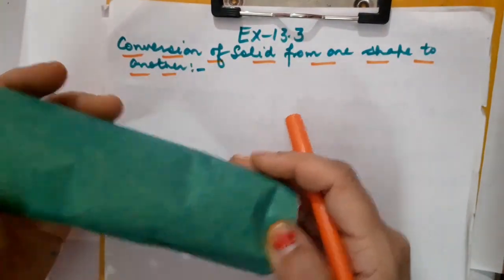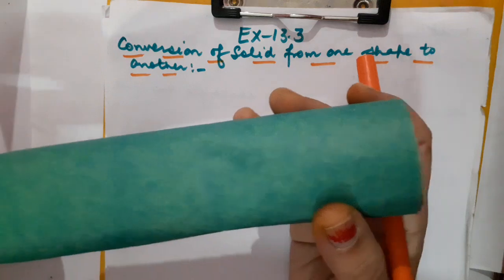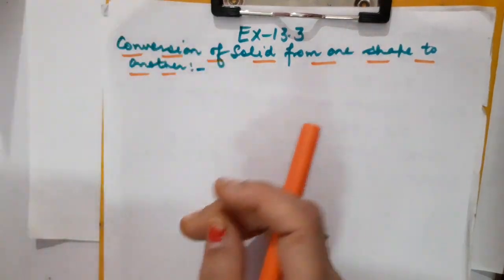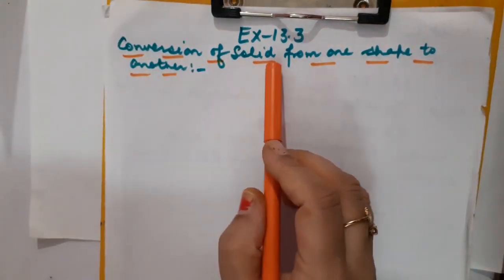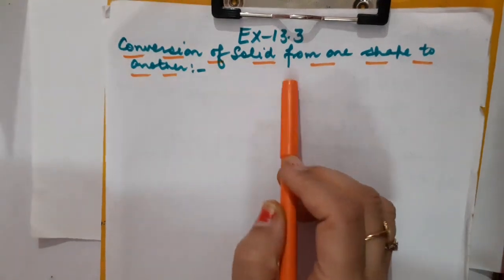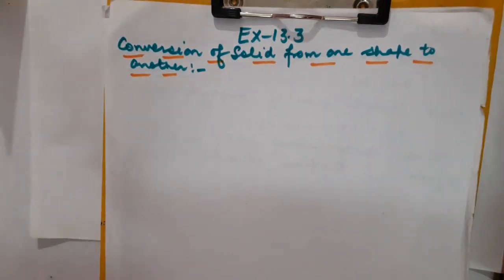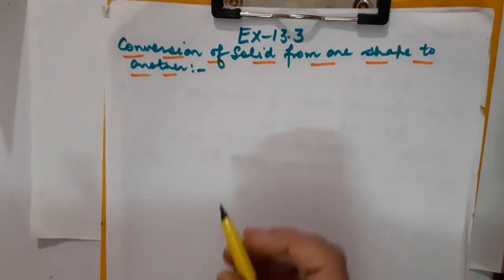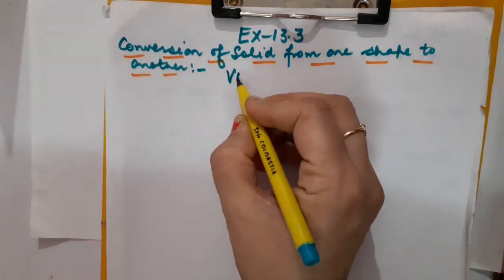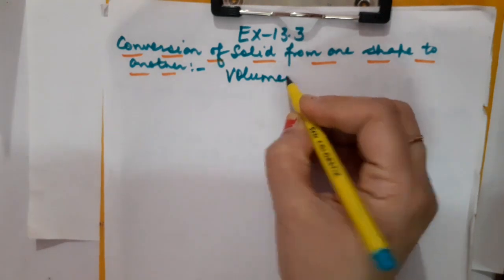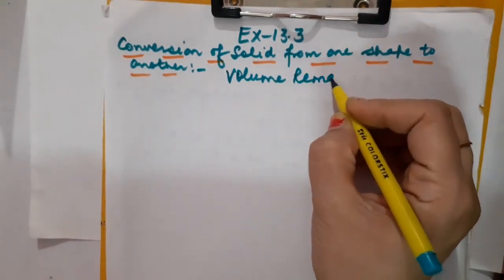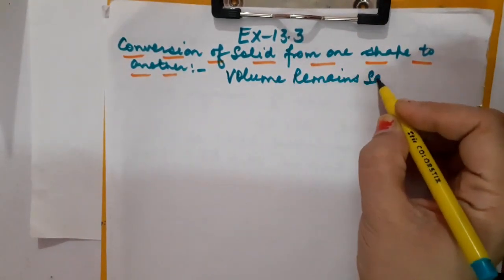So now, what does it mean? Whenever one solid is melted and converted into another solid, always remember children, their volumes will remain the same.